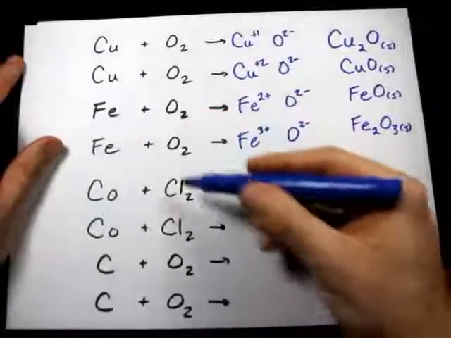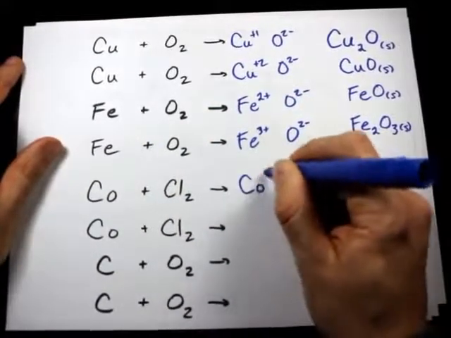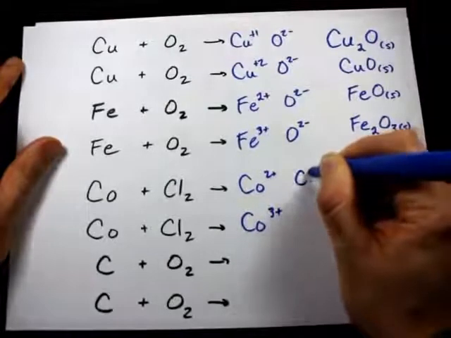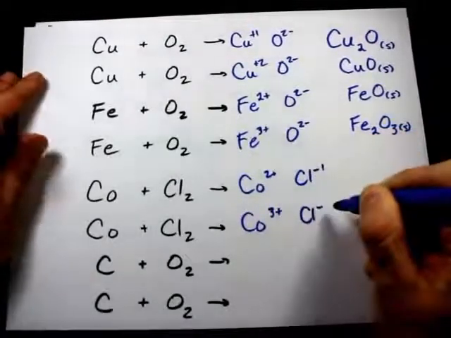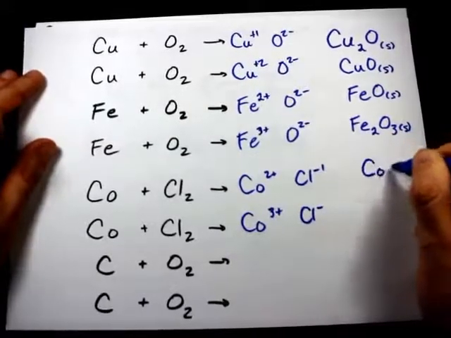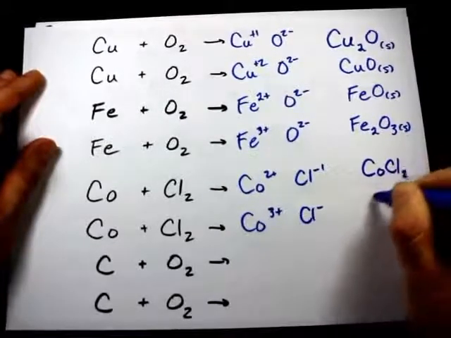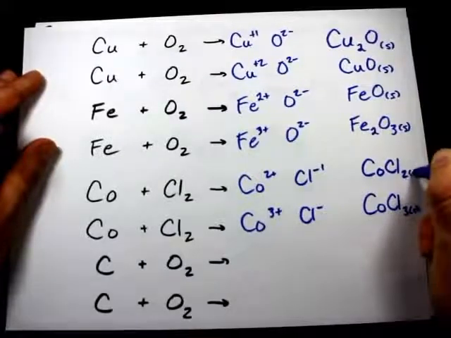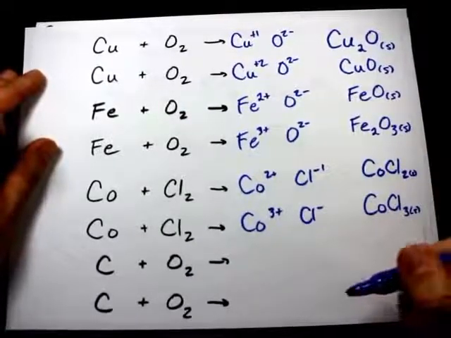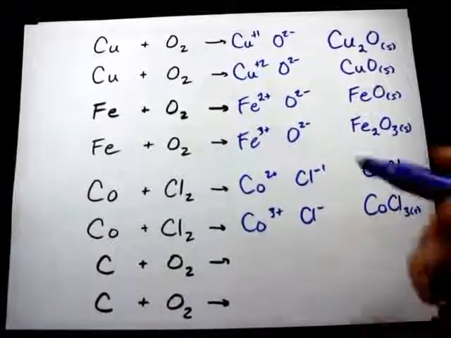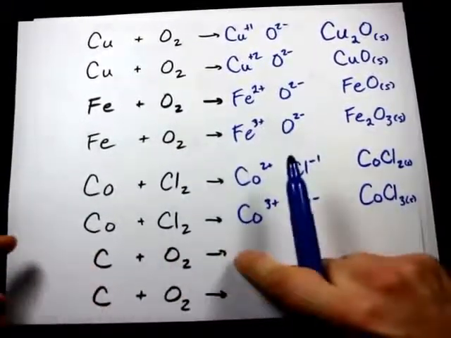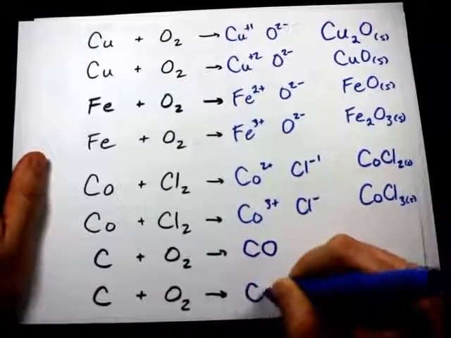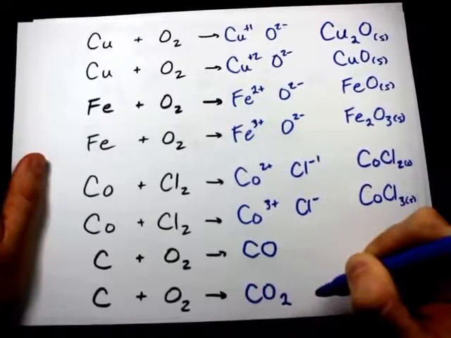I'm going to do the same thing here with chlorine. Cobalt can be +2 or +3. Again, memorized. Chlorine is always -1, so you can end up with cobalt 2 chloride or cobalt 3 chloride. Both solids because they're ionic compounds. And I just want to throw out there that carbon can also be oxidized to various degrees to make carbon monoxide or carbon dioxide.